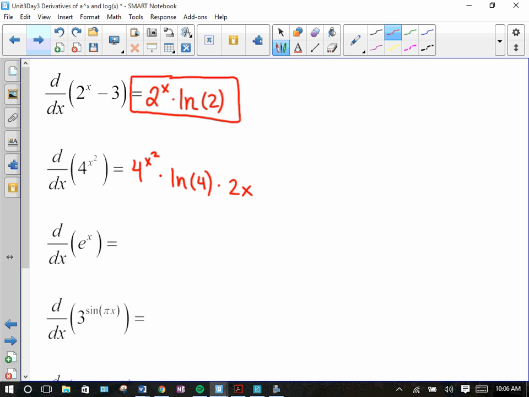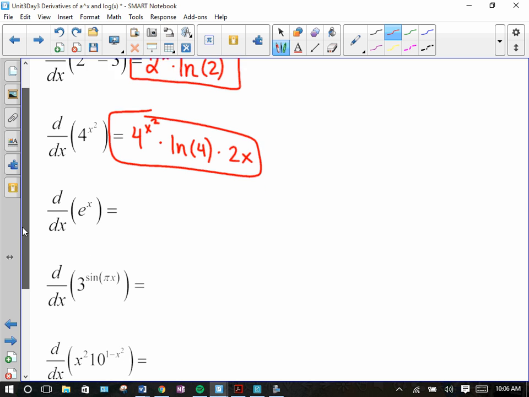Alright, done. You don't have to simplify these. Yeah, just like that. The only way that this could be simplified is if they have something like 4 to the x power times 2 exponential log of 4.